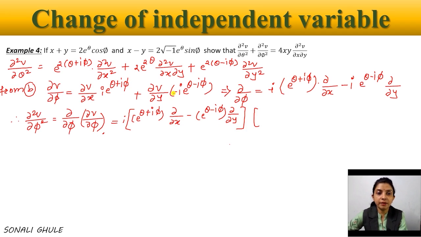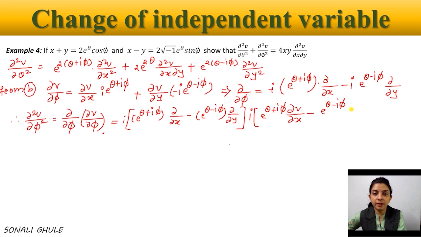Here also I can find i common. So I can write here i e to the power theta plus i phi dou v by dou x minus, yes, it is e to the power theta minus i phi dou v upon dou y. Okay, we have just put the values of dou by dou phi and dou v by dou phi here. And now open the brackets.